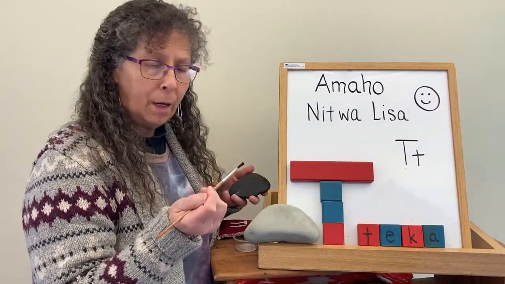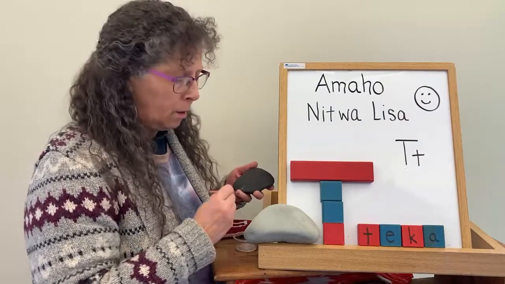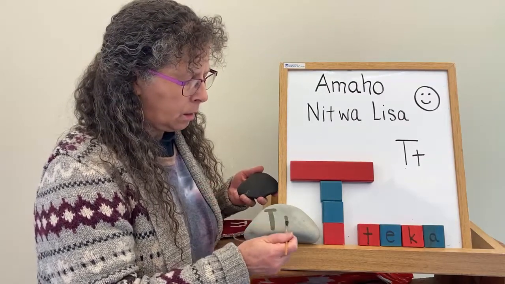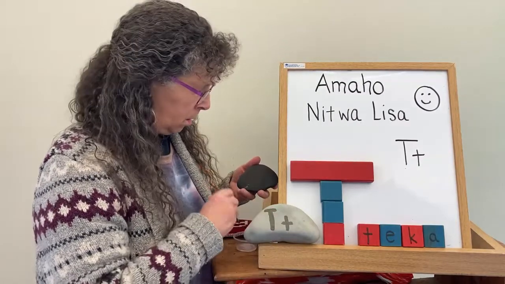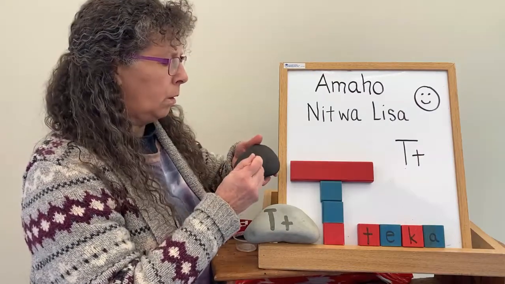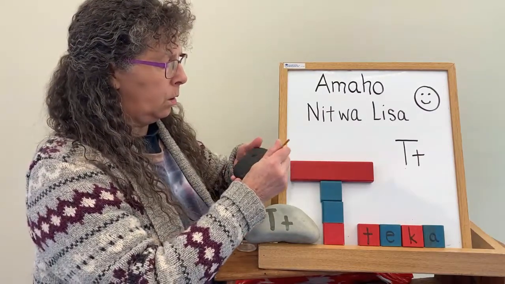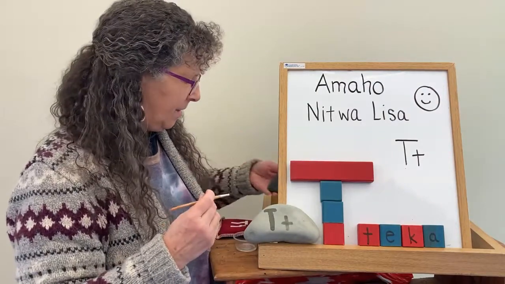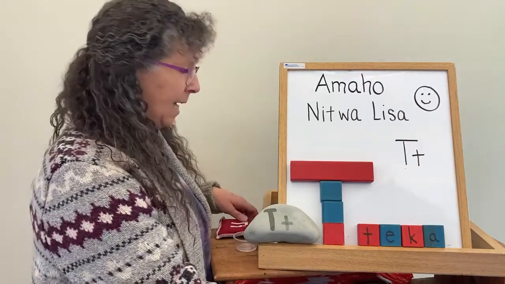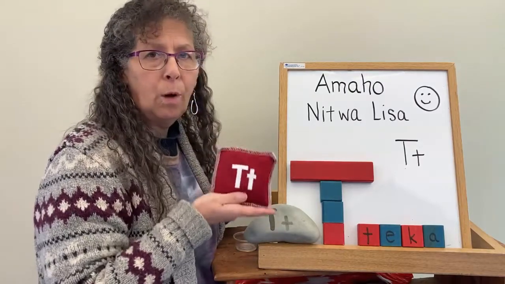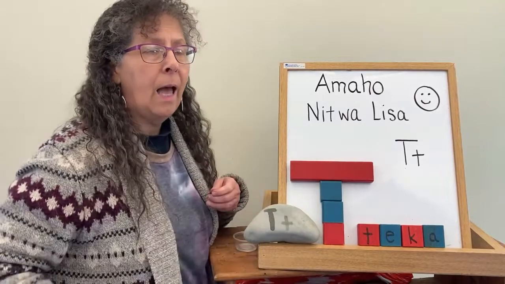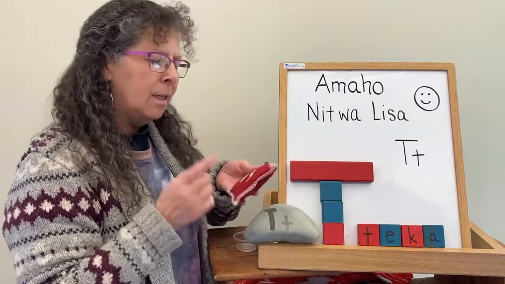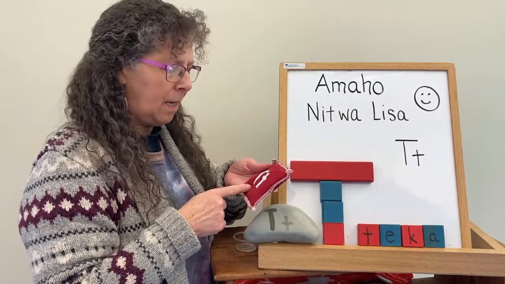If you have a paintbrush, you could dip it in water and have the children write the letter on a rock or on a concrete floor or on a wooden wall. And when the sun dries it up, they can write again. If you have bean bags, you could write the letter on a bean bag and throw it to the child, and the child has to catch it and say, T says T in Tema.